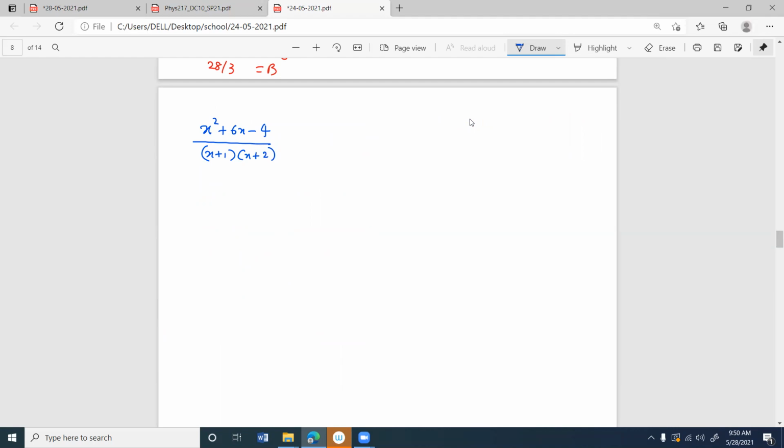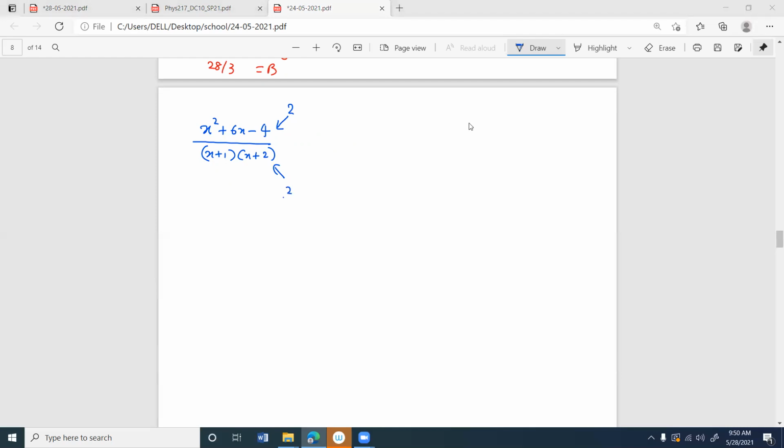Here, what you can understand is the power of the denominator and numerator. What is the power of the numerator? Top part. Okay, that's great. 2, right? Good, 2. Then the power of the denominator. That's also grade 2, right?